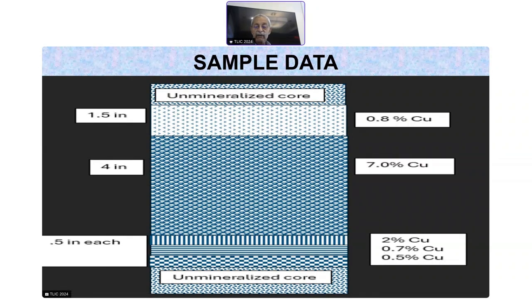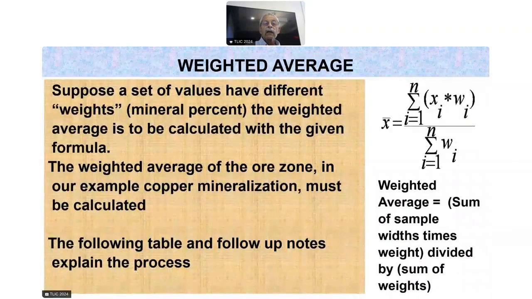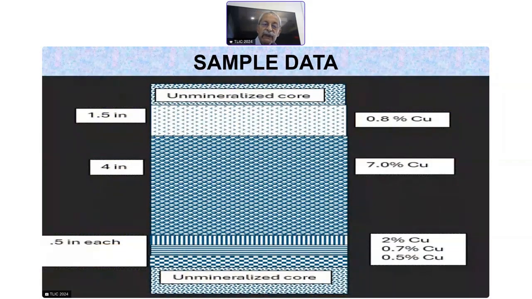So what we use is the weighted average. We have to give prominence and recognition to that thick 7% copper.